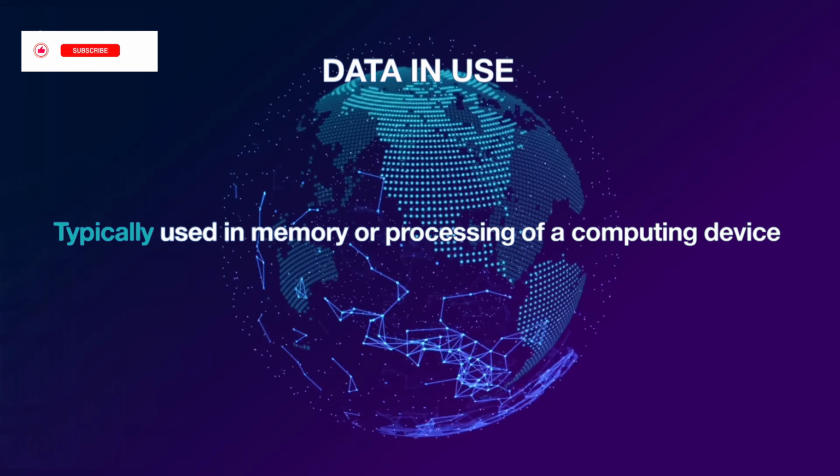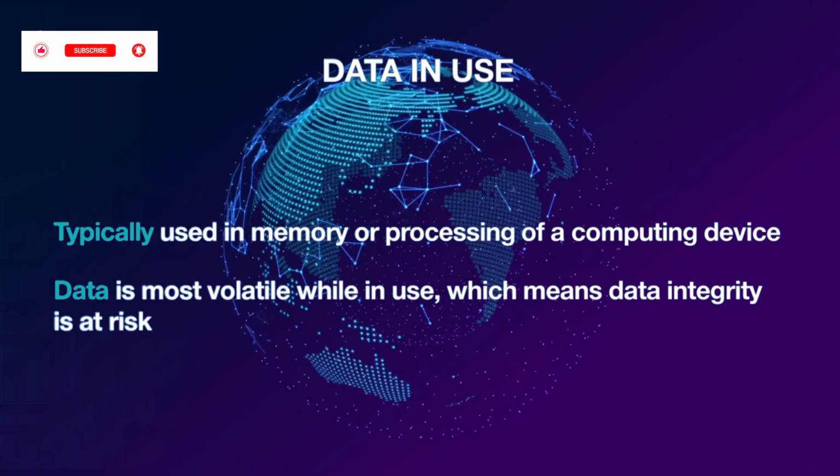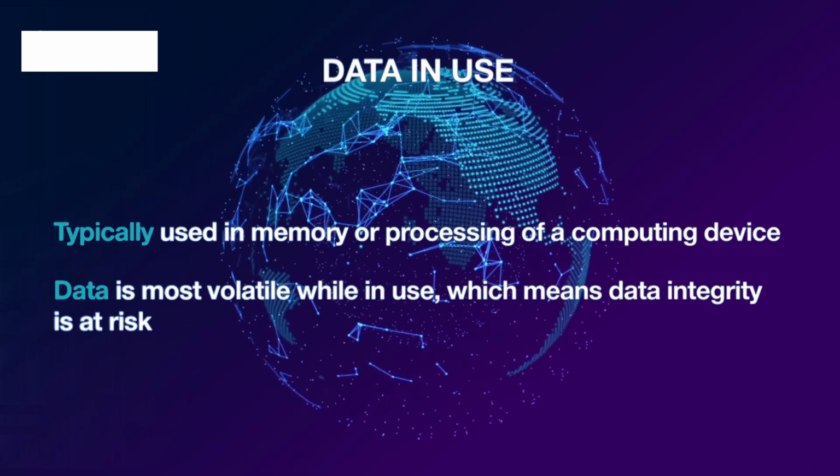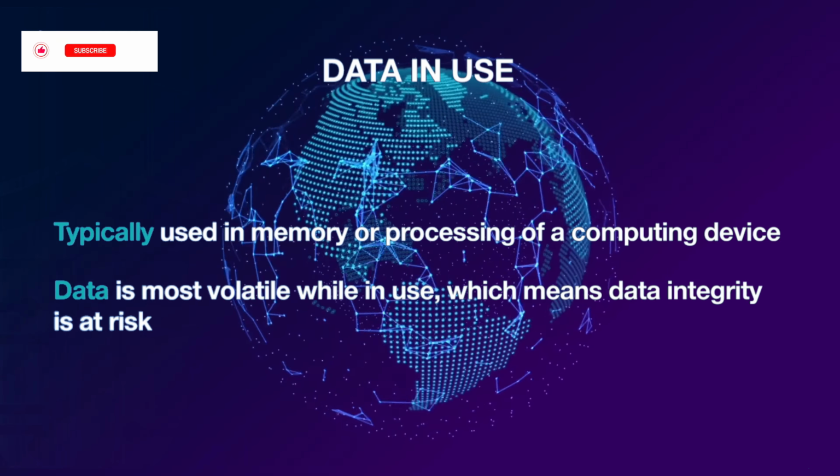The point is data is being actively used by software, by the application, by the code, by the script, whatever it is, and the data is most volatile when it's in use, which means data integrity is at risk at all times.